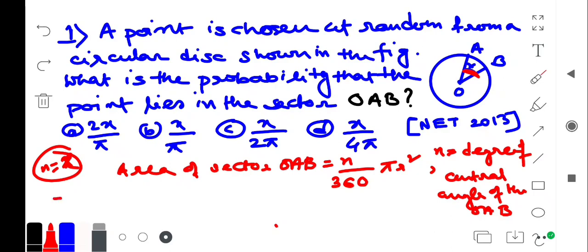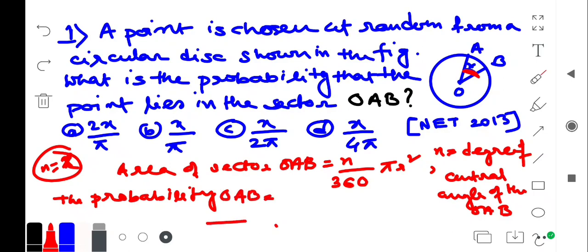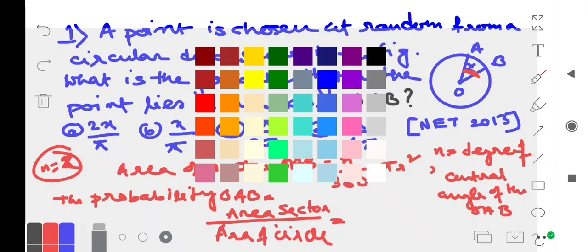Now the probability that the point lies in the sector OAB is equal to the area of the sector by the area of the circle. What will it be?